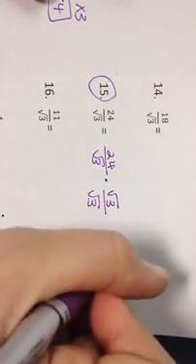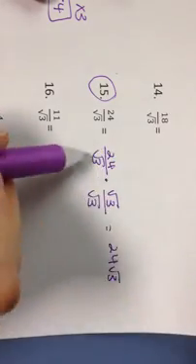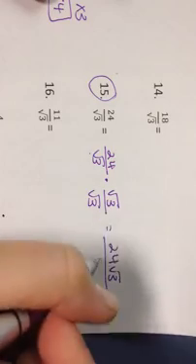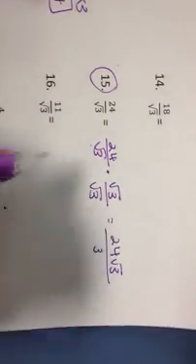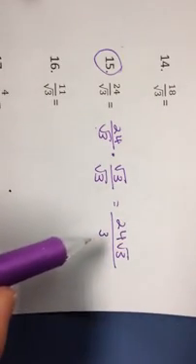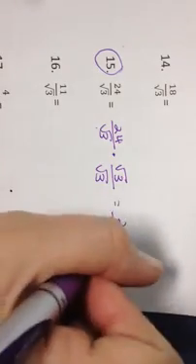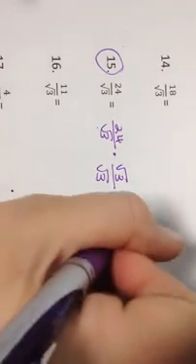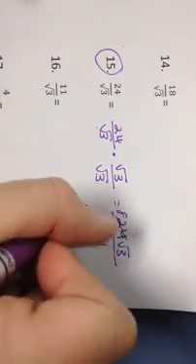So same thing happens. The top becomes 24 root 3. And then the square root of 3 times itself is just 3. It's the square root of 9, which is 3. So just like we did in number 8, if we can divide 24 by 3, we're going to do that. So 24 divided by 3 is 8. So this becomes a 1 underneath, an 8 on top. And that's our final answer, 8 times the square root of 3.